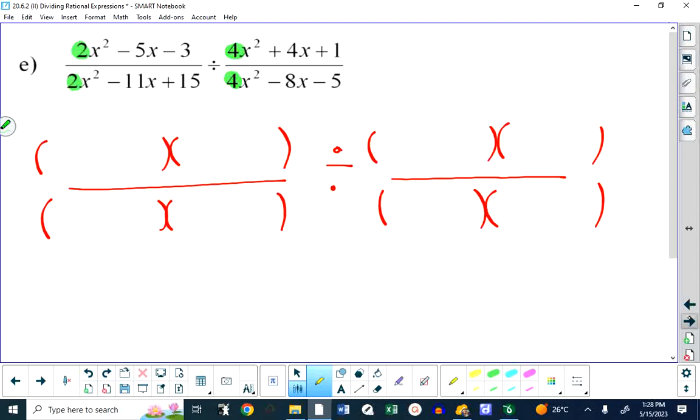Because then it's not a simple quadratic, it requires a more complicated procedure, trial and error. 2x, 2x, x, x has to be. Well, with the 2x squared minus 5x minus 3, it's got to be a 3 and a 1. I mean, there's no question. If it's going to factor, it has to be 2x and x and 1 and 3. The question is, how can we arrange to get negative 5x?